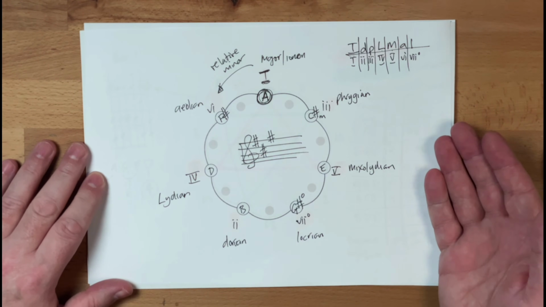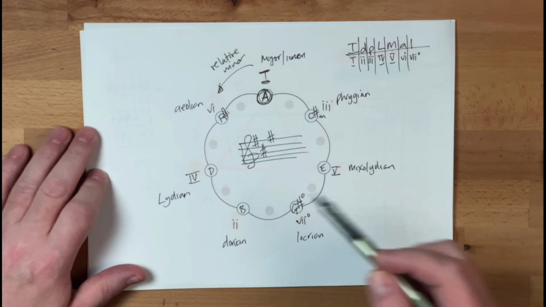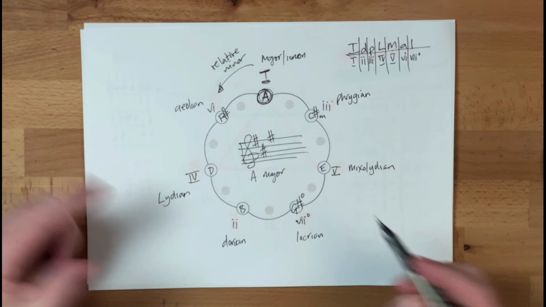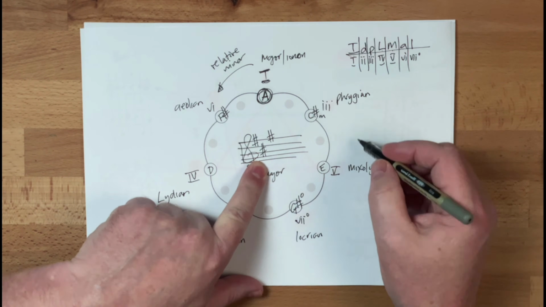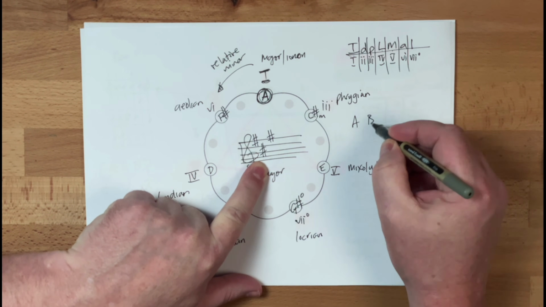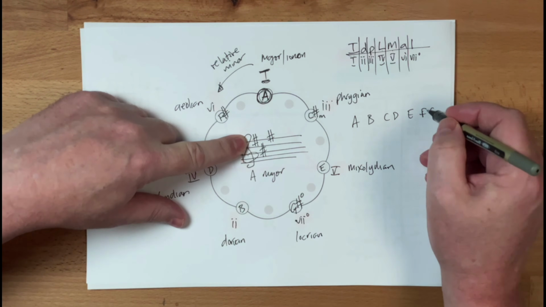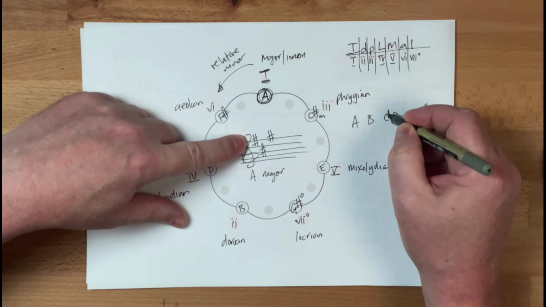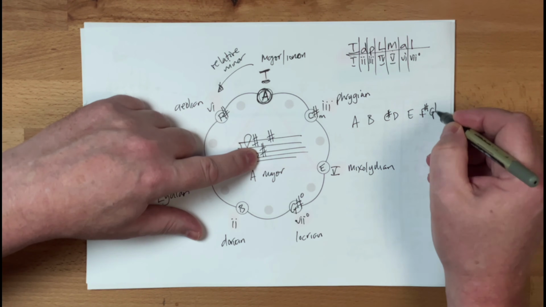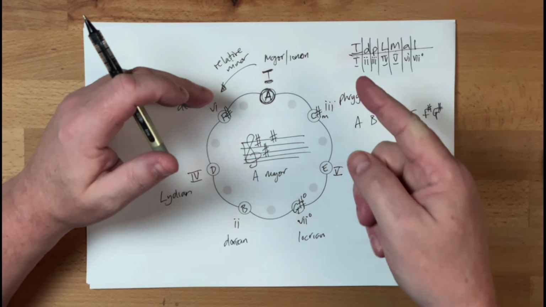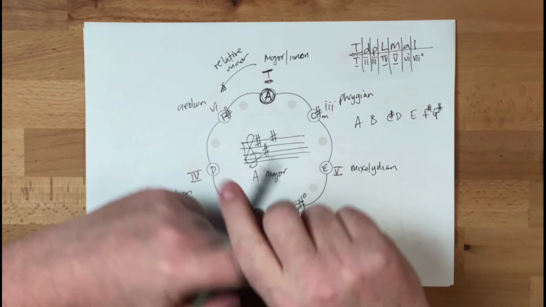Look, so there it is in the key of A major, right? And what you could do is take that key signature there and write out A, B, C, D, E, F, G. Let's add these sharps on it: F sharp, G, C sharp, and G sharp there. And remember the homework was major, minor, minor, major, major, minor, diminished.